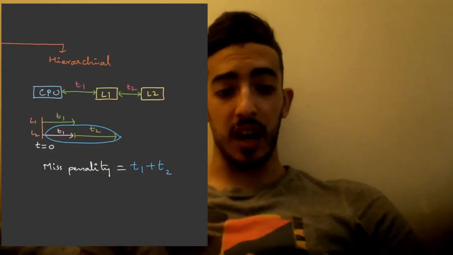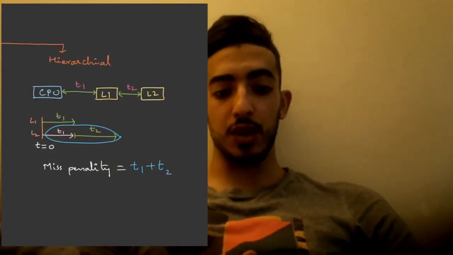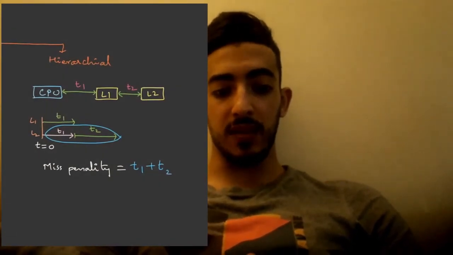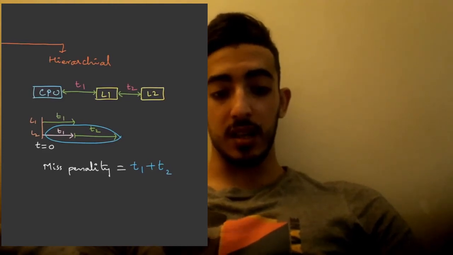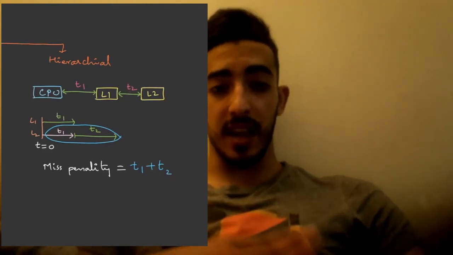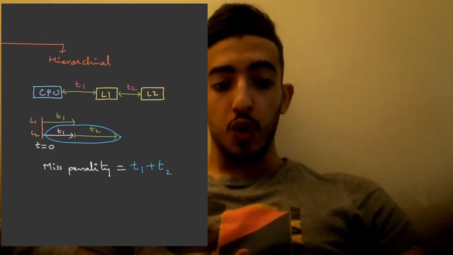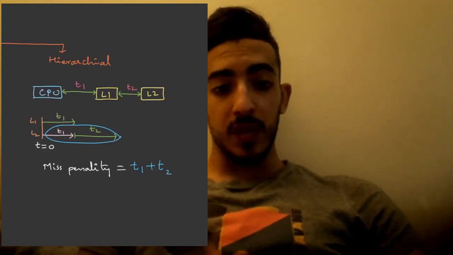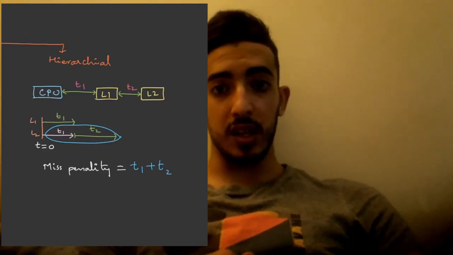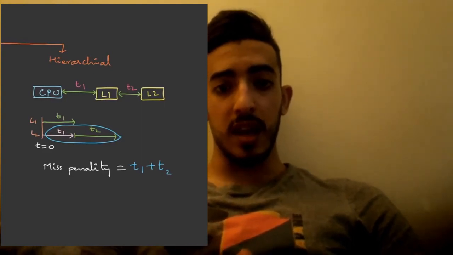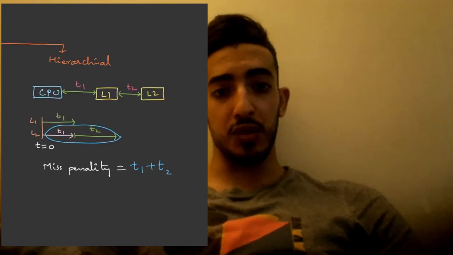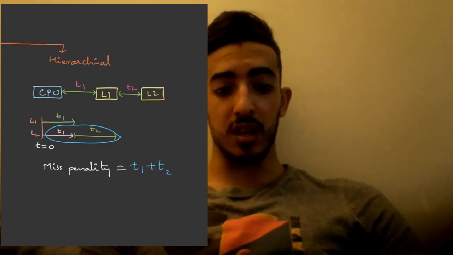Now let's move to the hierarchical access. It will take T1 to access the cache. If it can find it, it is a hit. If not, it has to access level 2. So it has to wait for the whole process in T1, and then it will move to searching in the main memory.